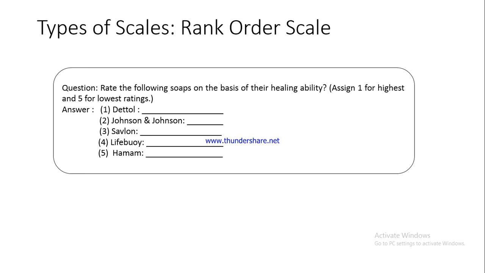So according to the respondent, which product ranks the best as far as healing ability is concerned, and which product ranks the lowest. This is what we obtain from the rank order scale. Again, don't have this confusion in your mind that you always have to start with 1 for the highest and 5 for the lowest ratings. You can always use the opposite sequence also, which means you can ask for 1 for the lowest ratings and 5 for the highest ratings.